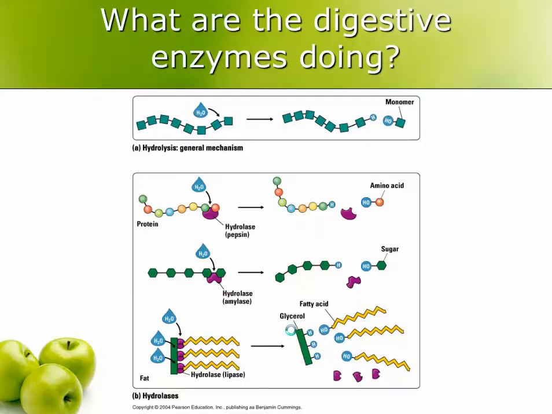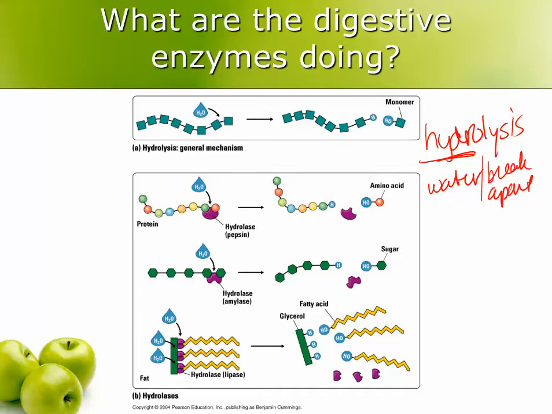So what exactly do these digestive enzymes do? They perform hydrolysis. Hydro means what? Water, right? And lysis means to what? Break apart, right? So they break apart these polymers into monomers, and they produce a little bit of water as one of the products.